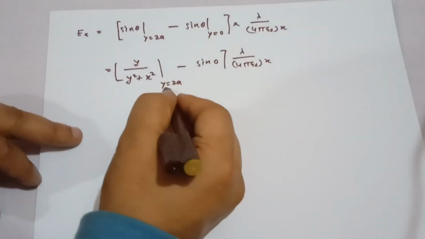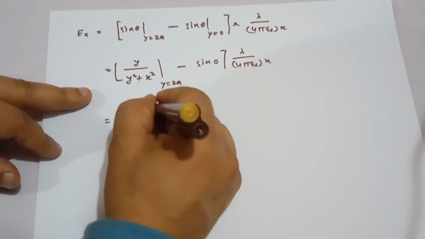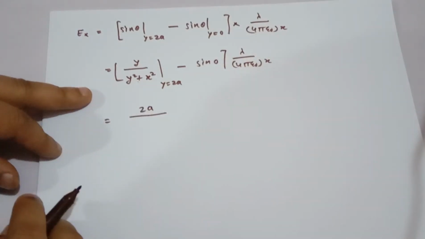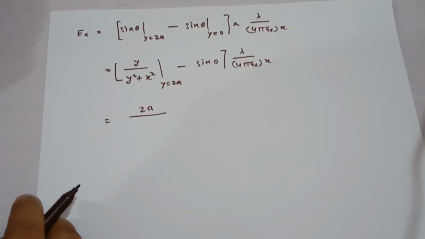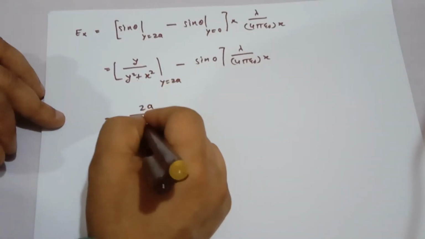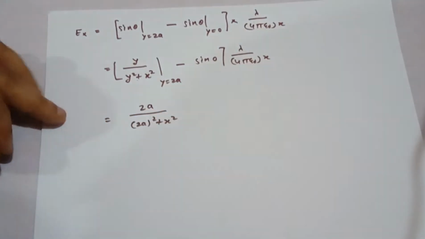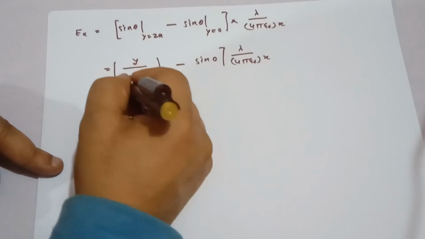So now you can put this value of y is equal to 2a here. So that would be 2a divided by the square root of 2a whole square plus x square.